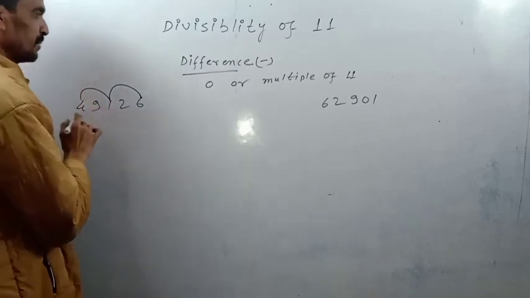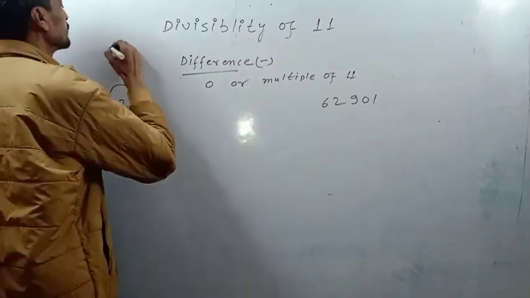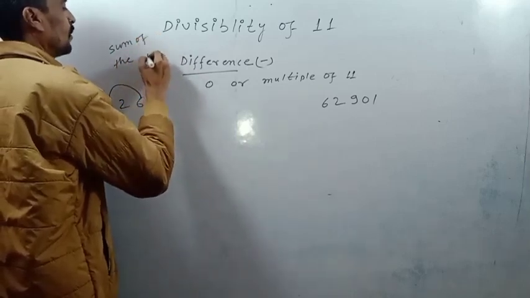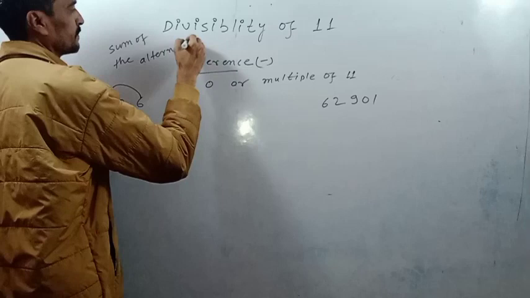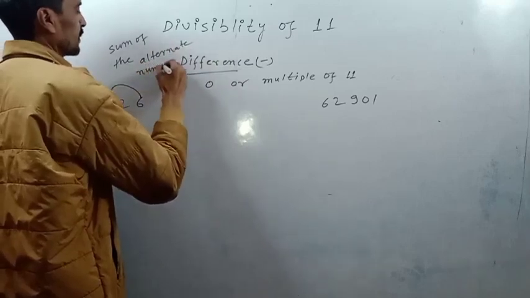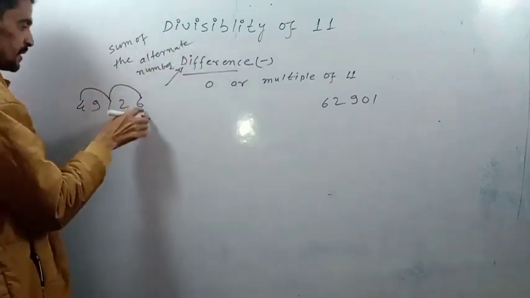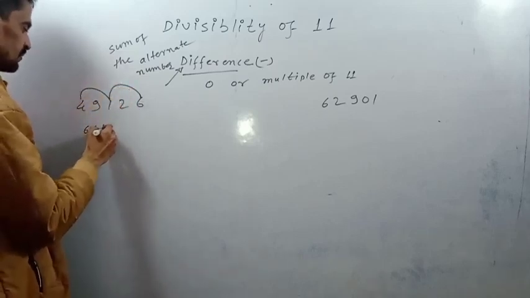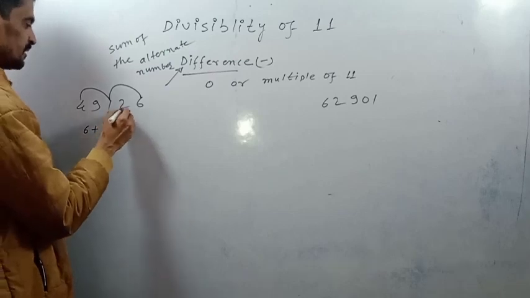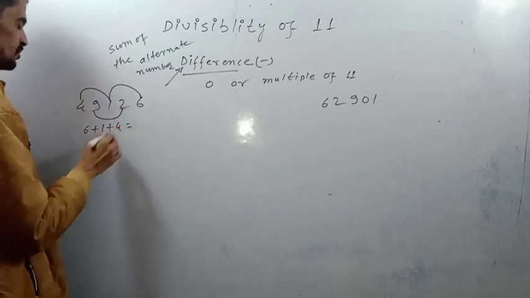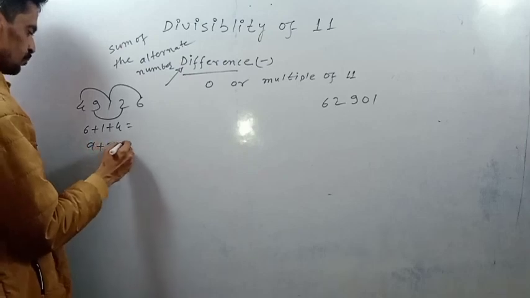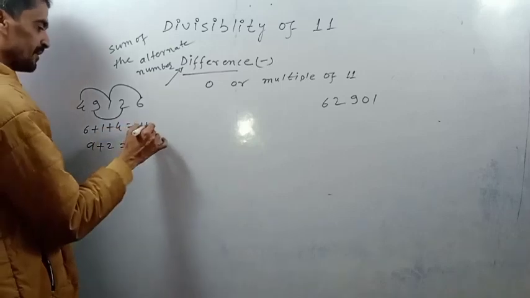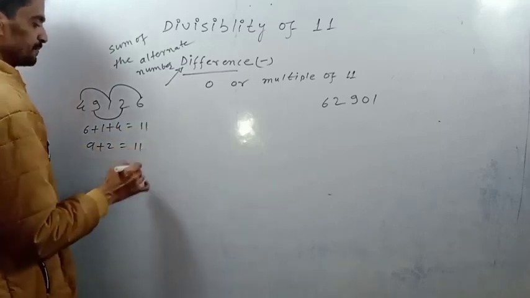These are the alternate numbers. The sum of the alternate numbers 6, 1, 4 is 6 plus 1 plus 4, and then 2 and 9, this is 9 plus 2. So 6 and 4 is 10 and 1 is 11. The sum of 9 and 2 is 11.